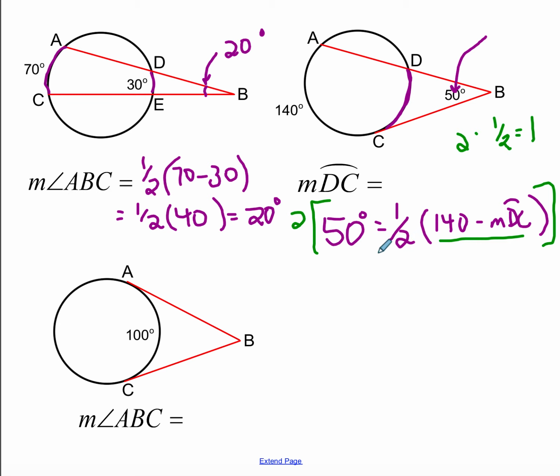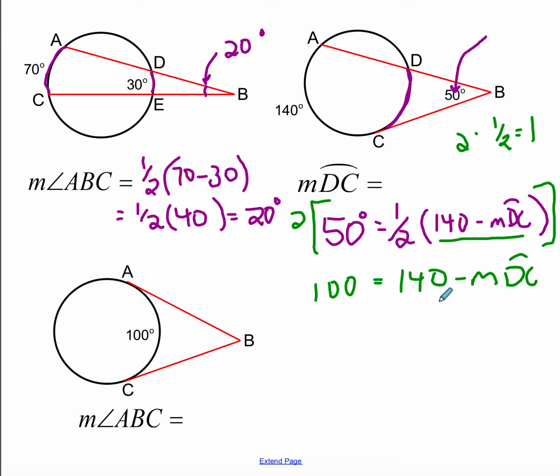Okay, but remember, anything I do to one side of an equation, I must do to the other. So 2 times 50 is 100, and 2 times 1/2 is 1, and 1 times 140 minus the measure of arc DC is just 140 minus the measure of arc DC. Now, could I distribute this 1/2 in and get the same answer? Absolutely I could, but this might be a little bit easier for you.